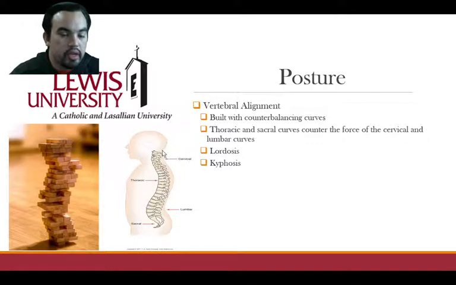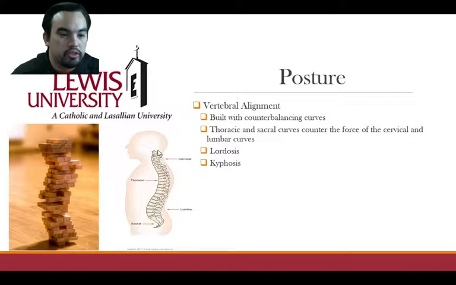So we have this cervical curve right here, which is a little bit of a lordotic curve, and then our lumbar curve, which is also a lordotic curve. Okay, then we have this posterior protruding curve, which is our thoracic curve and our sacral curve, and we call those kyphotic curves, okay, or kyphosis.